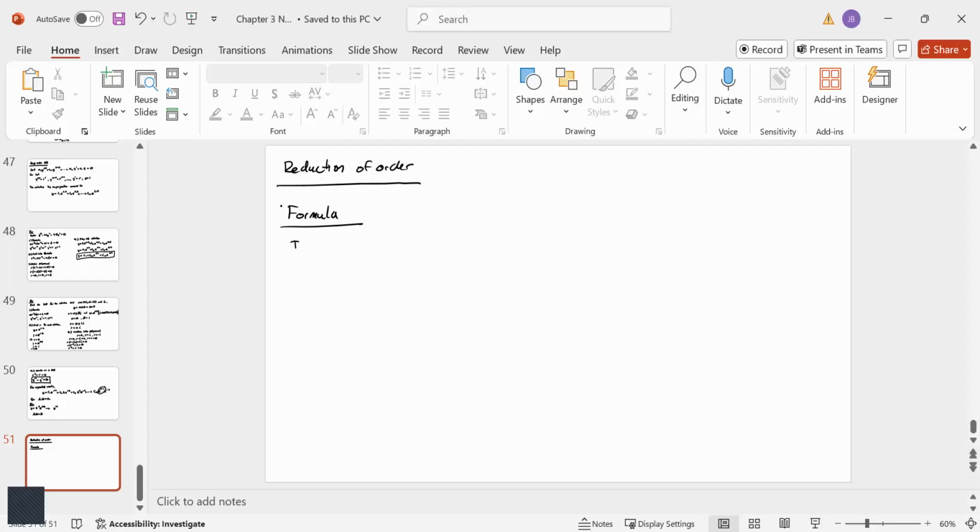If y1 is a known solution to a second order ODE, then the second solution y2 is equal to y1 multiplied by the integral of the integrating factor with a negative in front of it, over y1 squared in the denominator, dx.